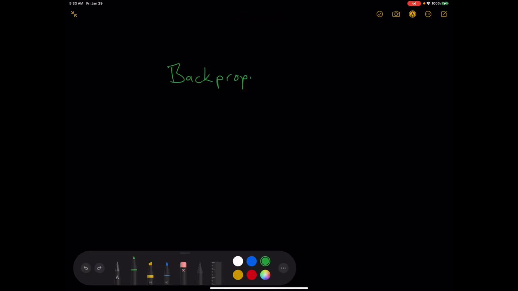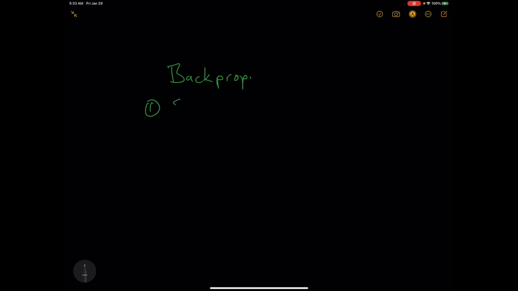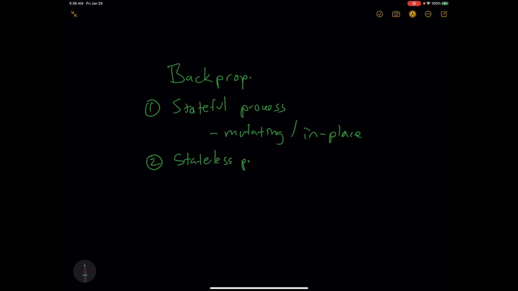So to sum this up, there are two ways to think of Backprop. The first is as a stateful process, and this process is mutating or updating in place the weights along edges in a graph. And the second perspective is as a stateless process.